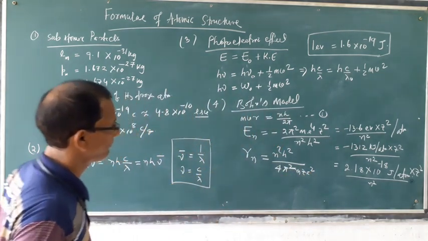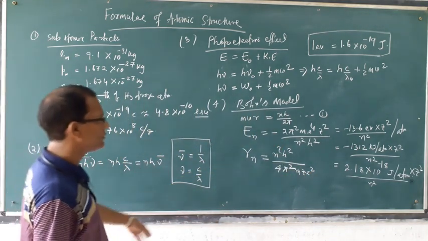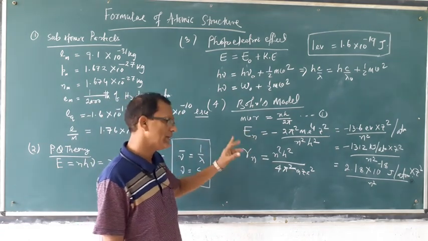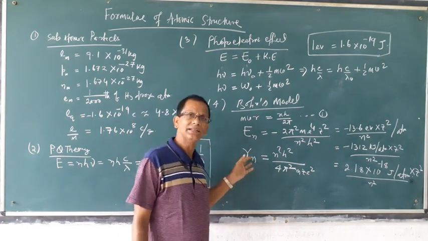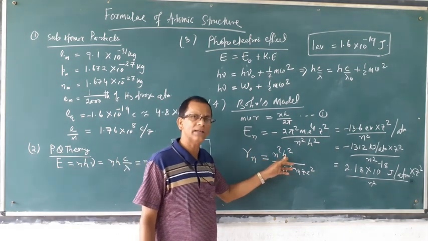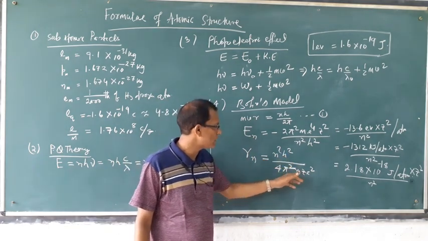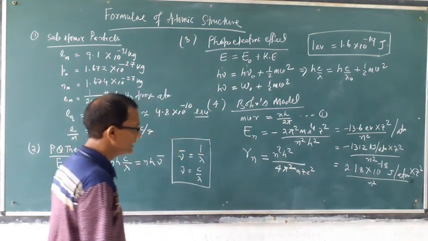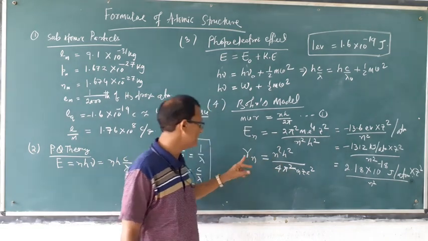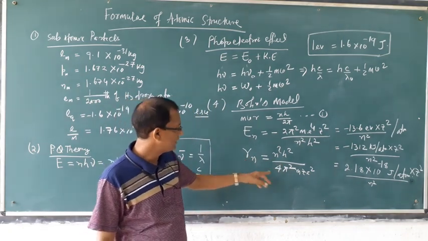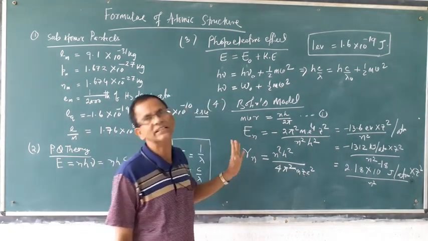You see, it is calculated from the previous formula, already discussed in the previous class. That means if n increases, radius increases. If Z increases, radius decreases.